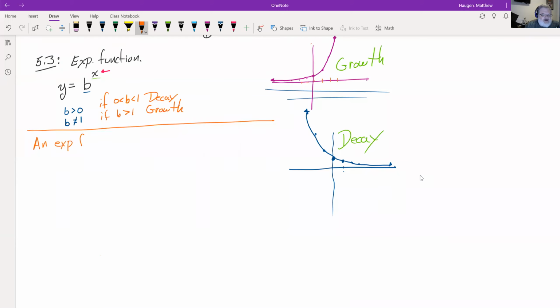So given an exponential function, let's say f of x equals a b to the x, so it does have an a transformation on it, and given that exponential passes through some points, say (0, 3) and (2, 48), find a and b.